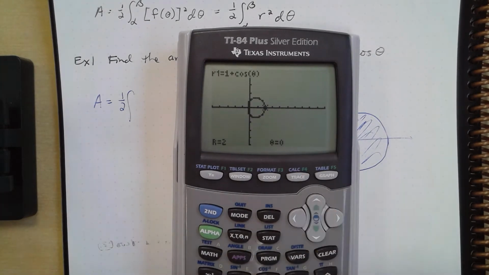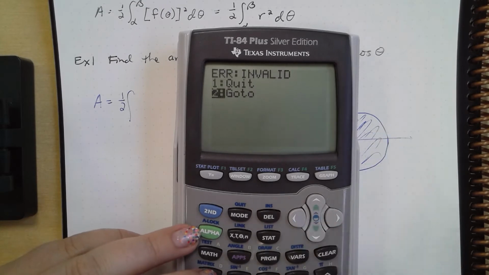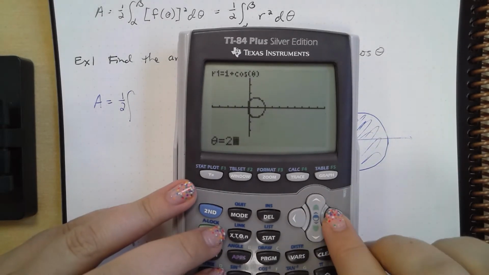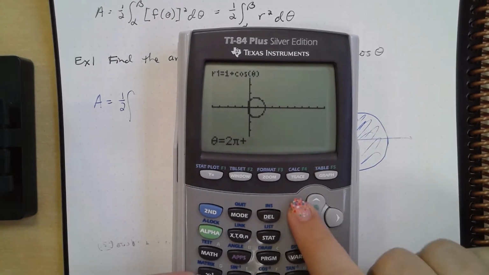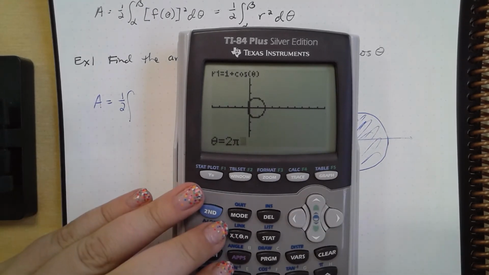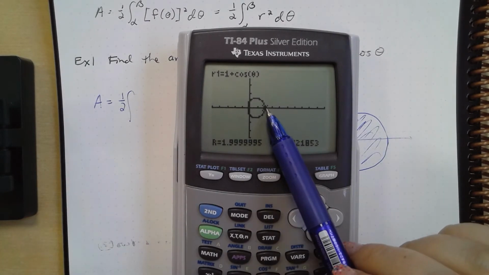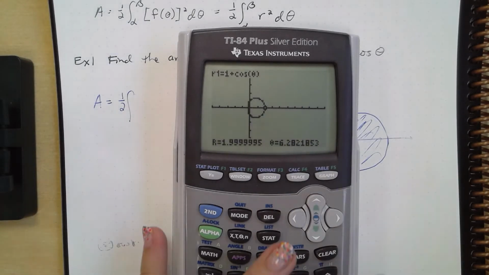If I trace this, when theta is 0, r is equal to 2, and when theta is 2 pi, oops, maybe I can't get all the way to 2 pi. Let's do 2 pi minus 1. Let's do 2 pi minus 0.001. Okay, there we go. We get very, very close there, and we're just going to loop around. So that's what we want to find the area of.